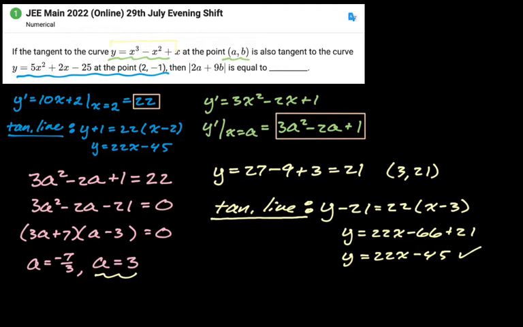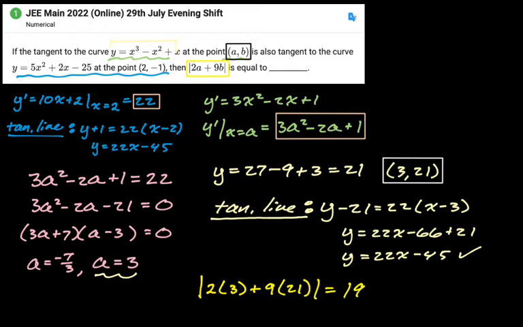So that is the tangent line, which means that this point (3, 21) is the point (a, b). Now I need to find the absolute value of 2a plus 9b, because that's what it asked for. So we got this, which I think gives us 195. All right, that's a really good, interesting tangent line problem, in my opinion. Five stars out of 5. Let's look at the next one.